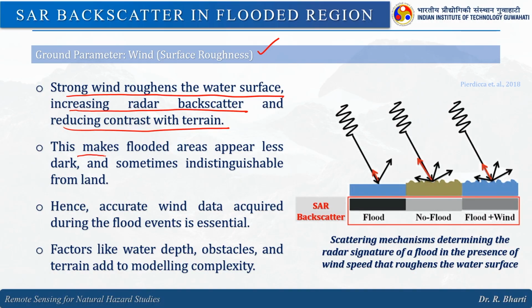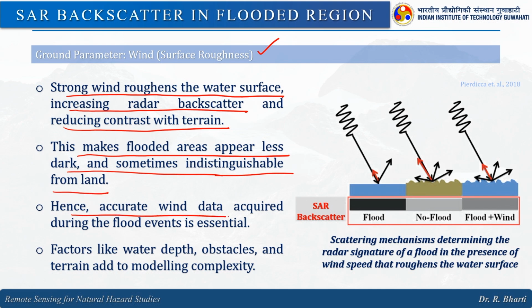But because of this wind, the roughness is increasing and the backscattering value will be more. So, it will be very difficult to segregate this information from the topography or other features like urban areas. This makes flooded areas appear less dark and sometimes indistinguishable from land.